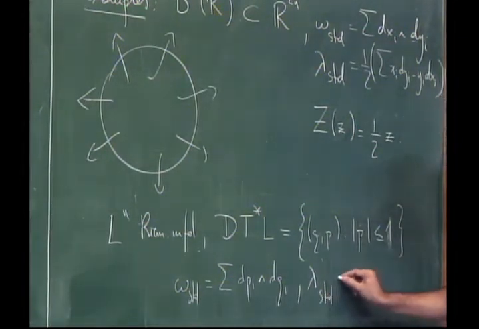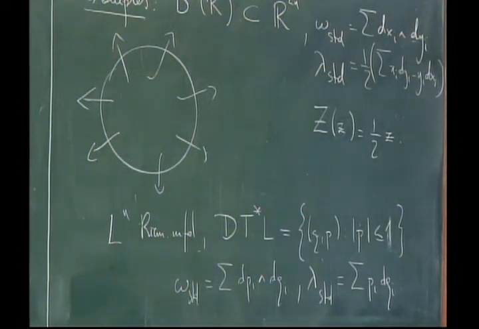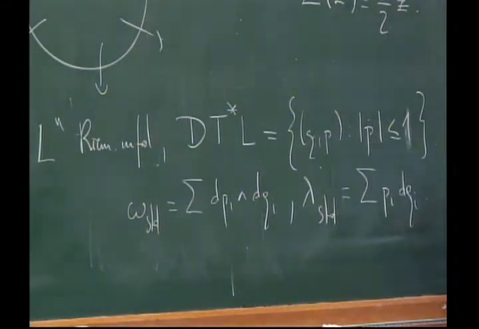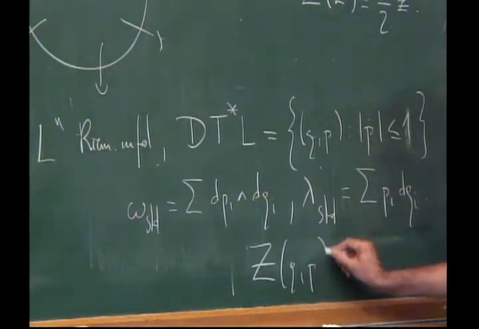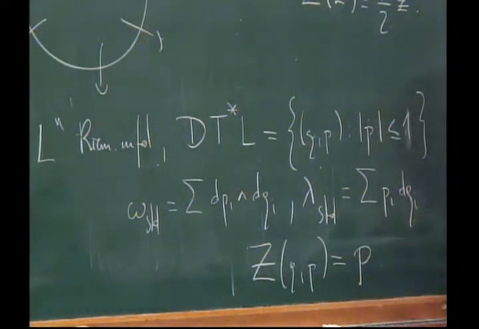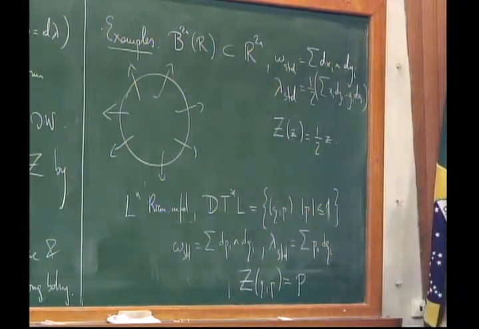The Liouville one-form is the sum of p_i dq_i, and this is exactly what Alberto has written in his lectures. It acts by taking a tangent vector at some point (q,p), projecting it to the base in order to obtain a tangent vector and evaluating p. And then the Liouville vector field at a point (q,p) is just going to be p itself. It's going to point along the fiber, and you see that it's going to be transverse and outward pointing along the boundary.